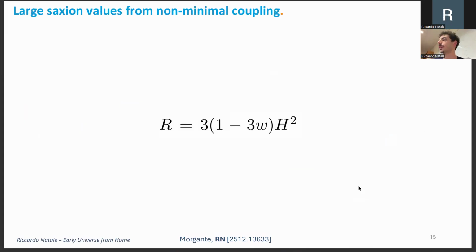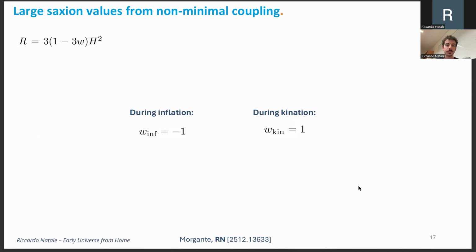This is because our Ricci scalar, if we write it down in a FRW metric and we plug in the equation of state of the energy density dominating the universe, has a dependence on the equation of state. And indeed, if during inflation we have a -1 equation of state and during kination we have 1, this means that at the transition we have a flip in the sign of the Ricci scalar.